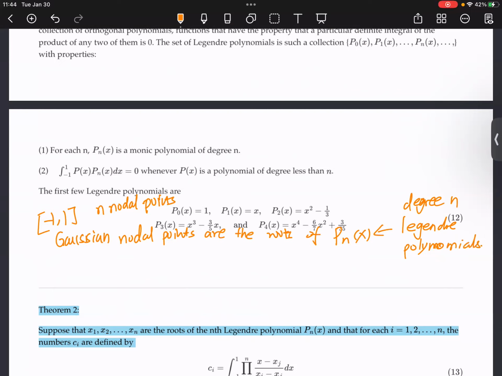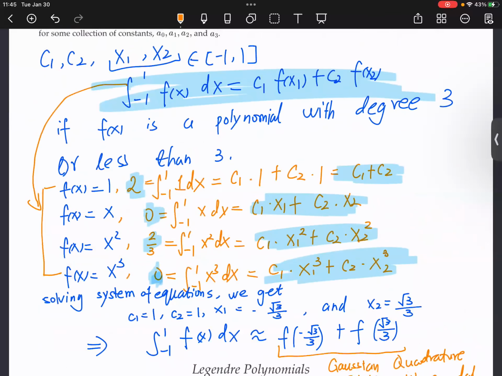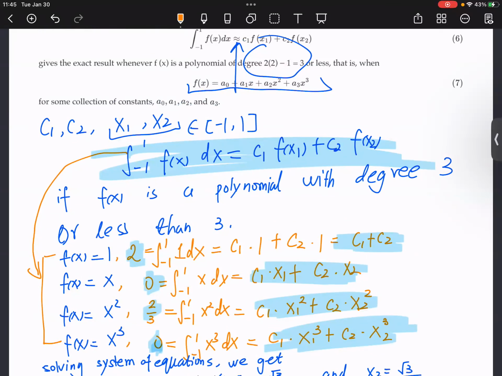The Legendre polynomials are unique up to a constant, and because it is unique, you will see the Gaussian nodal points are unique as well. This is something we are going to talk about in this section.